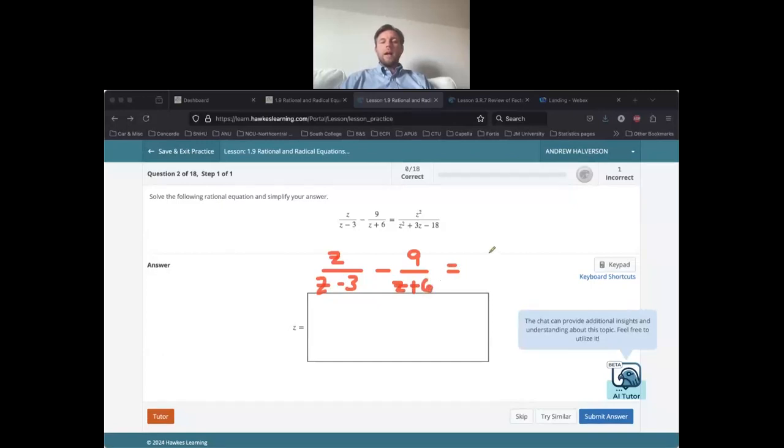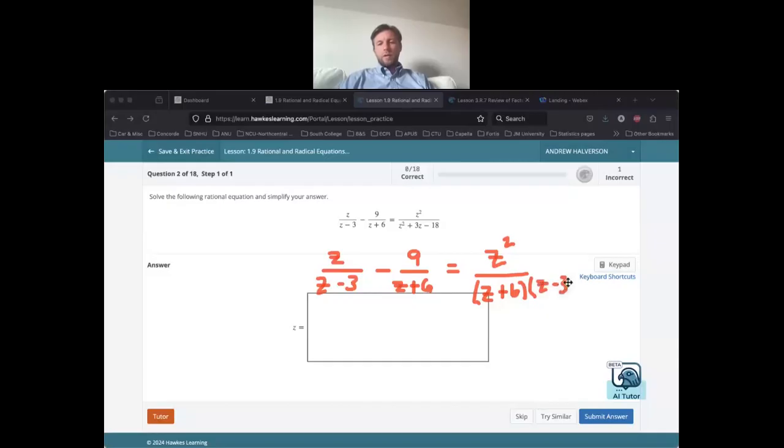Now on the right-hand side, that denominator right here, you've got to factor it. When you see a big one, you've got to use your factoring methods. So using our factoring methods, z squared plus 3z minus 18 is going to give you z plus 6 times z minus 3.